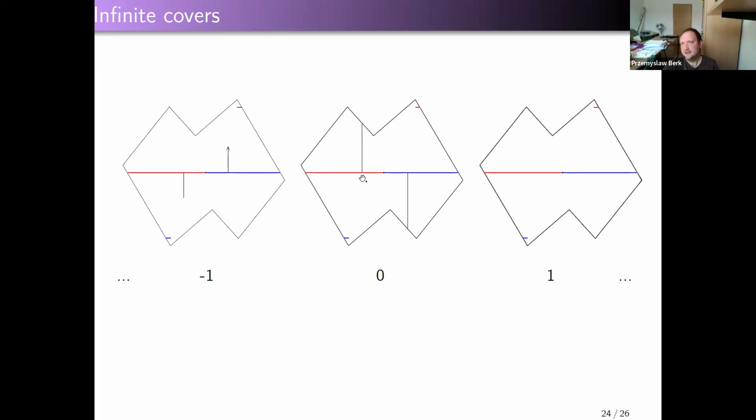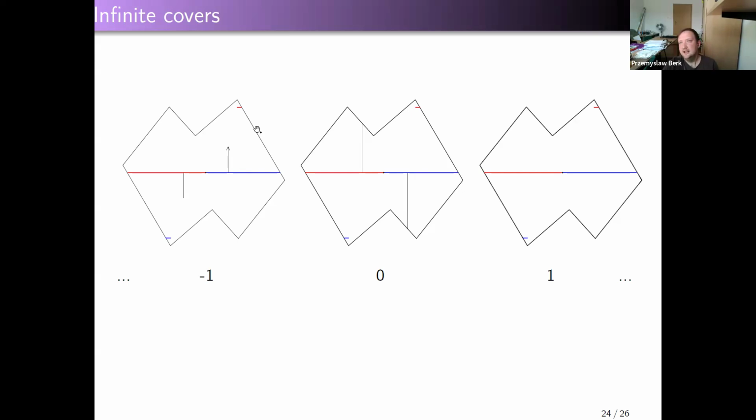Then I travel in the 0 copy until I hit my interval again, this time the blue interval, which corresponds to the number -1. So -1 tells me to go to the copy 0 minus 1, which is -1, so I return to my copy again, and so on. I can continue this infinitely.